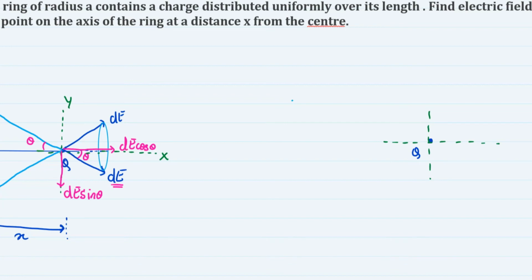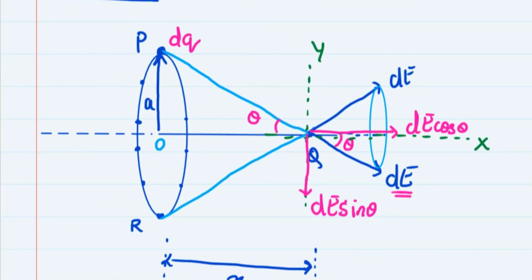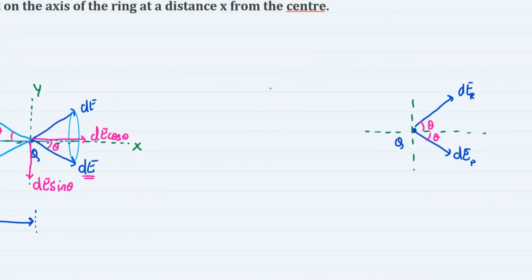Now, as I said, the dE due to point P I'm calling dEP, and the other one, dER, for the point R, is also going to be dE. As we have seen, this angle was theta, both angles will become theta because these two triangles PQO and RQO are going to be congruent triangles. Why? Angles are the same, sides are the same. Okay.